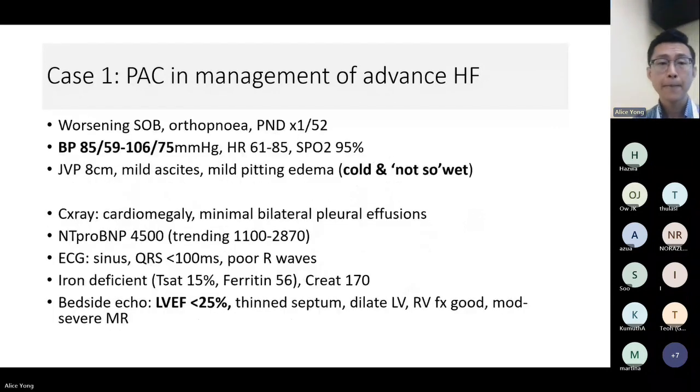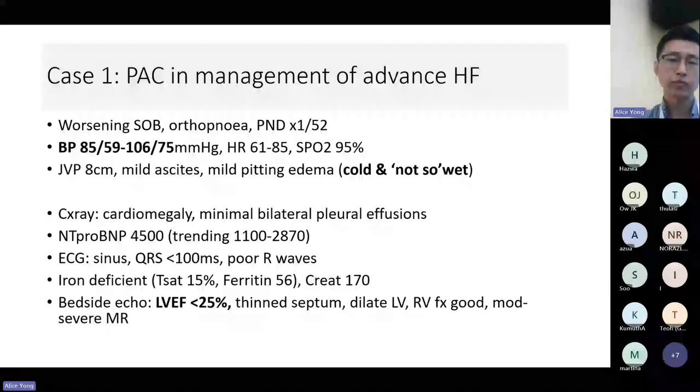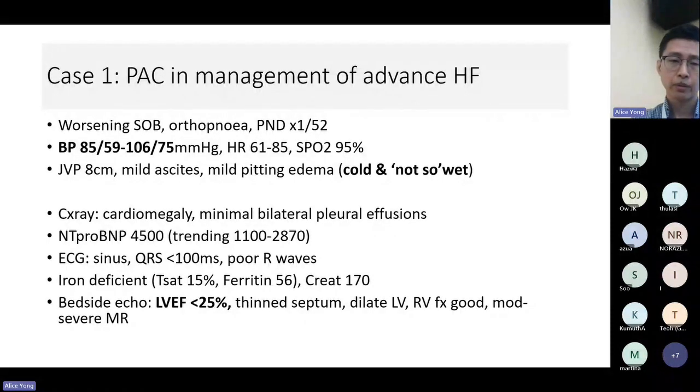So when we examine the patient, the blood pressure is only about 80 plus, 90 plus. At best, 1 or 2 numbers would be at 100. SpO2 is 95%. A little bit of pitting edema, a little bit of ascites, JVP is slightly raised. We can probably classify the patient as very cold and not so wet, but still a bit wet.